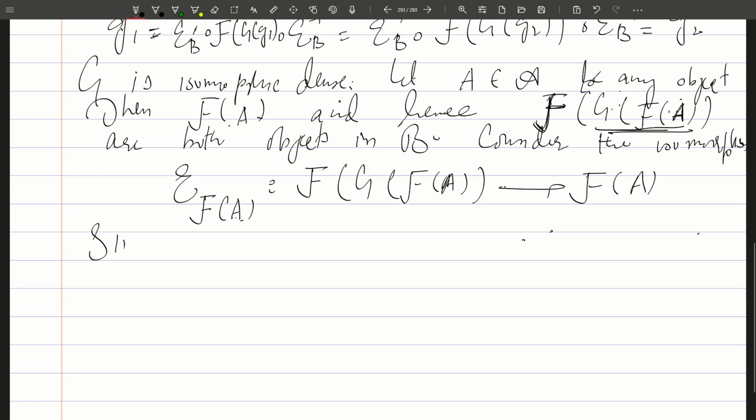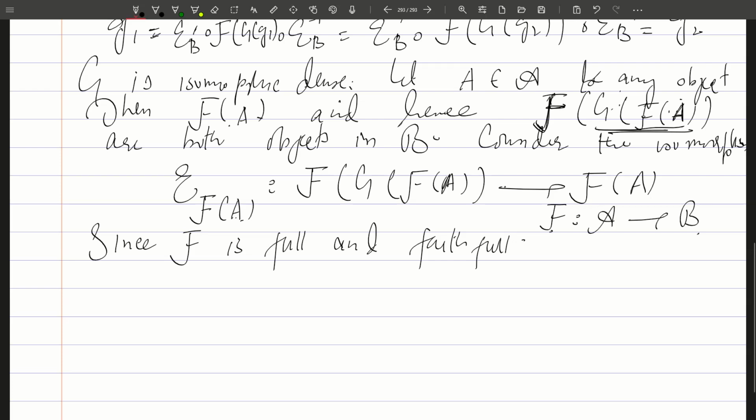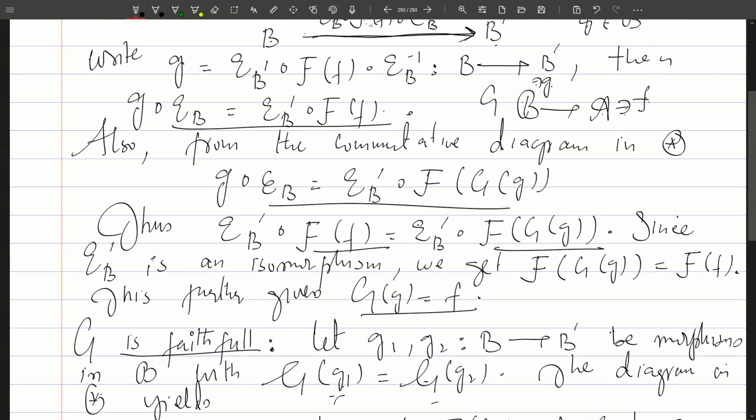Now, since F is full and faithful, and F is a functor from category A to category B, and here we have this morphism epsilon sub f of A, which is an isomorphism as well, then by that result, which we proved in the last lecture, there is some morphism in category A whose F image is the same as this isomorphism.